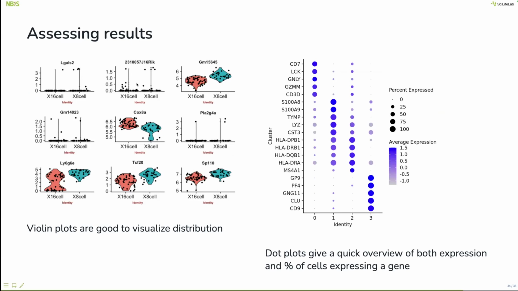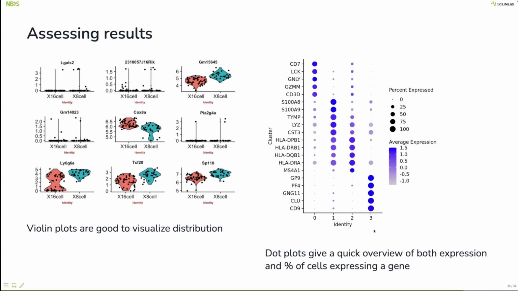So you can get a lot of different distributions, and sometimes it'll be differences in proportion, sometimes it'll be differences in global population, sometimes it's just a few cells that are increasing the mean so much that the means are different. So violin plots are a very good way to see the full distribution.